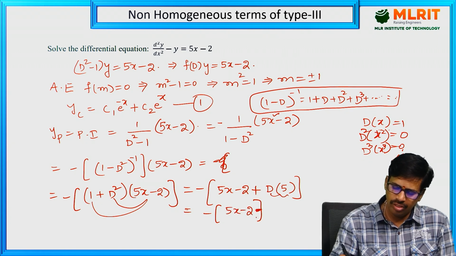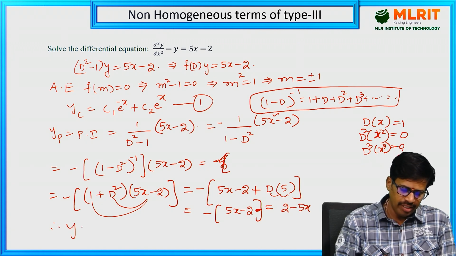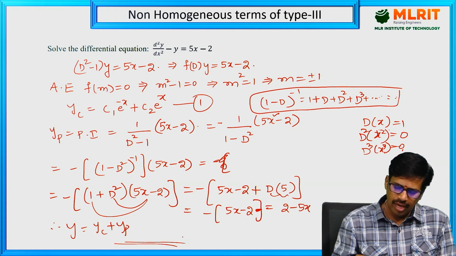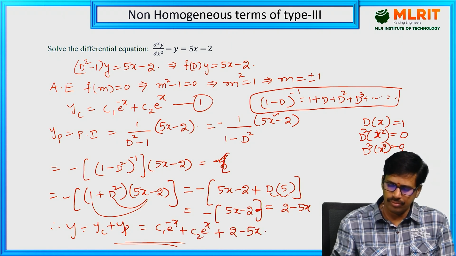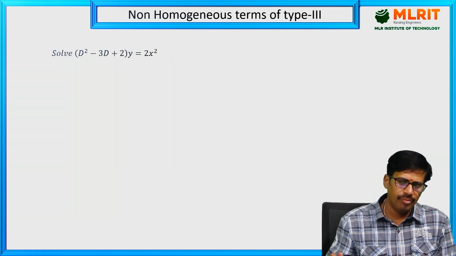So we get only this, that is 2 minus 5x. Therefore y is equal to yc plus yp. Add this complementary function and particular solution, we get the general solution, right? Let us see one more example.